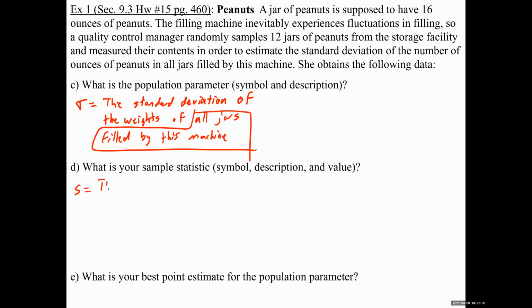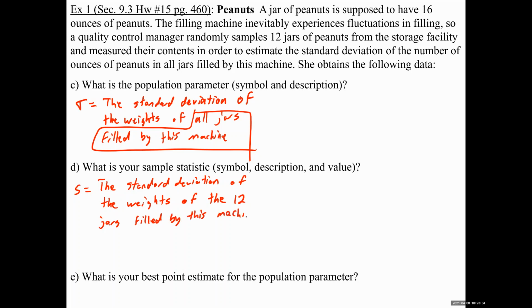So it's the standard deviation of the weights of the 12 jars that are in the sample, of the 12 jars filled by this machine selected by the quality control manager.